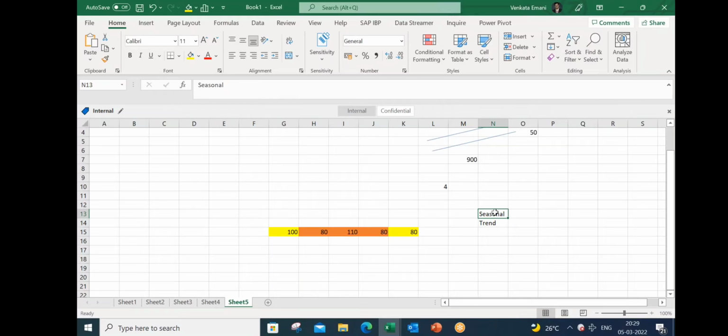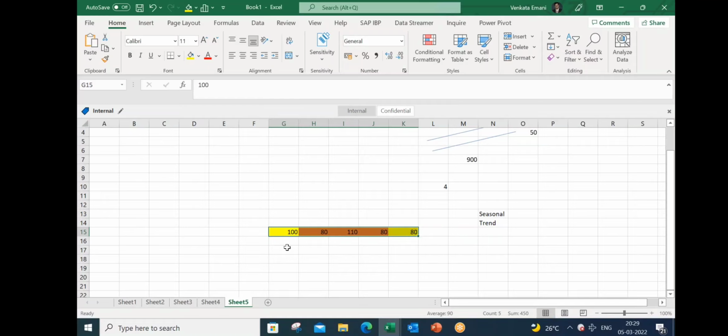If I tell the system to check for any seasonal pattern in my history, it will check for seasonality and generate your forecast accordingly.